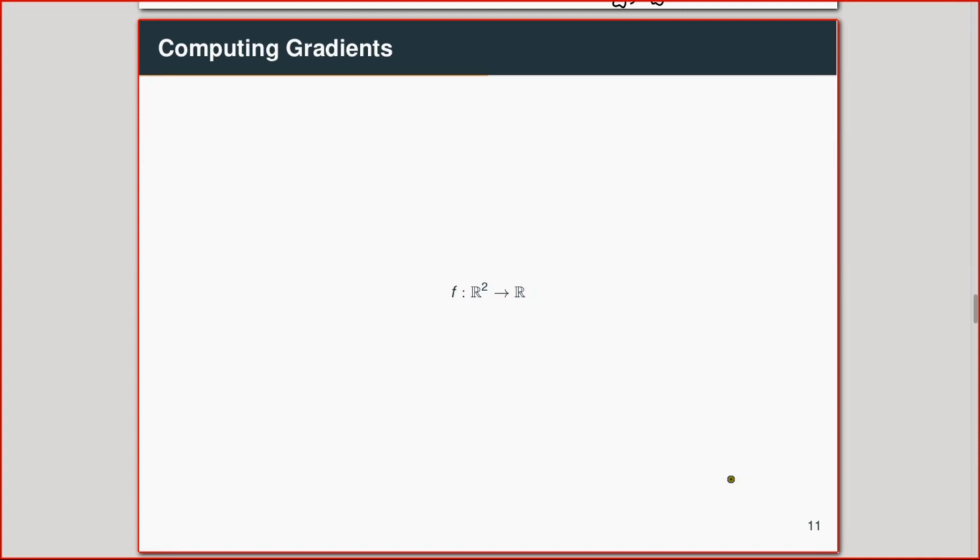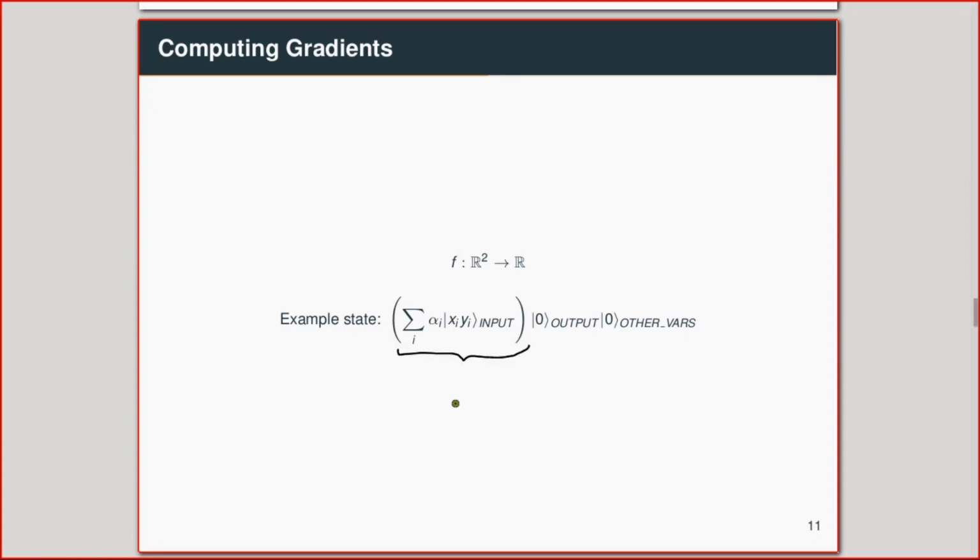So let's start with a function here, which just takes two inputs, say x and y, and it outputs a real number. In a quantum computer, what you would try to do is create some kind of state. Over here, I've created the state where I'm querying the points x1, y1, x2, y2, and so on, and I'm putting my state in a superposition of these.